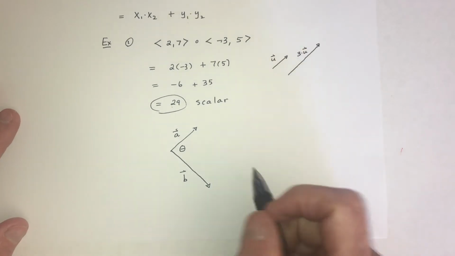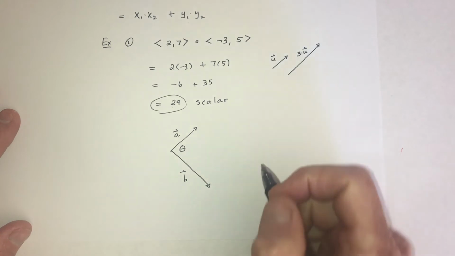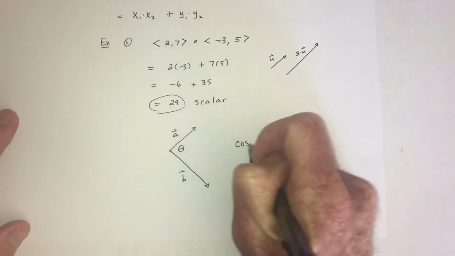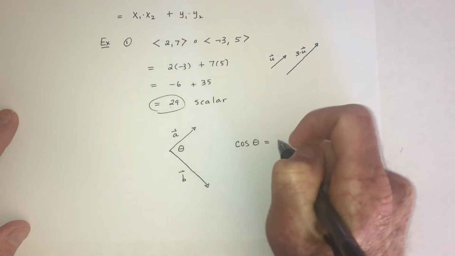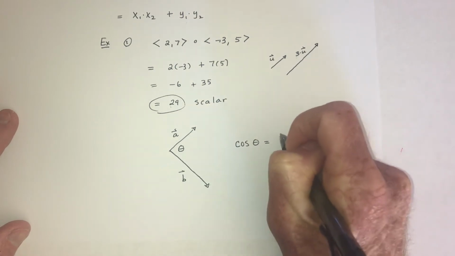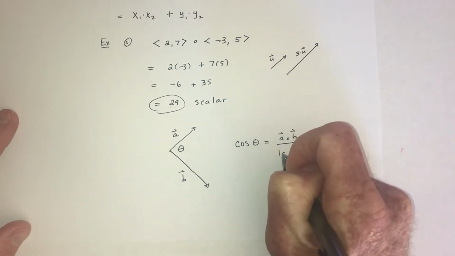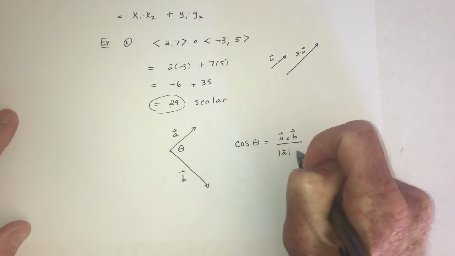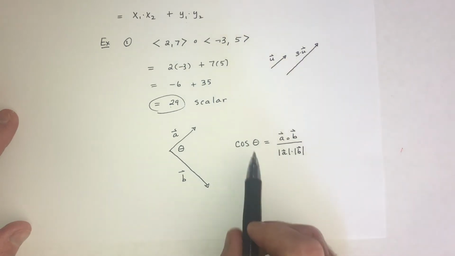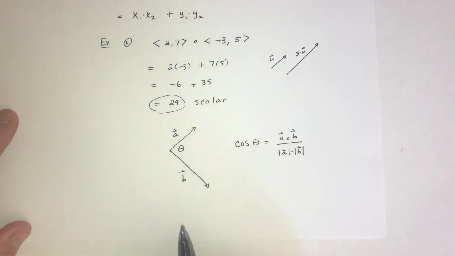Well, you could make a triangle and do the law of cosines and do a bunch of math, and you'd eventually get this: cosine of theta is equal to the dot product of the two vectors, divided by the length of each vector. And then at the end, all you need to do is take cosine inverse of both sides, and you can find the angle.